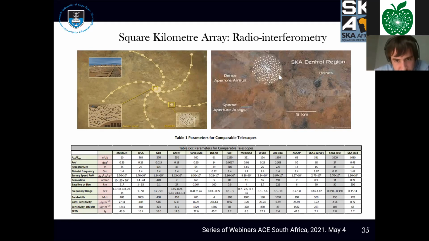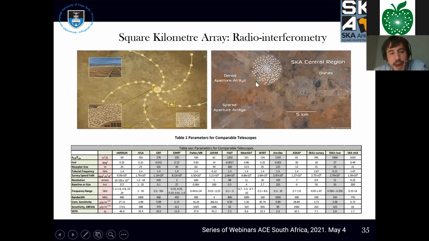If you see this picture of one of the stations of the SKA, you have many antennas, and now the resolution of your telescope is not determined by the diameter of the dish, but by the baseline of the station. The baseline here is the distance between the different dishes of your station.